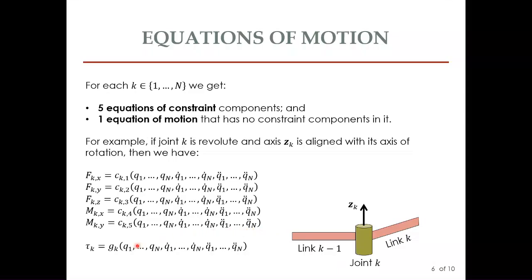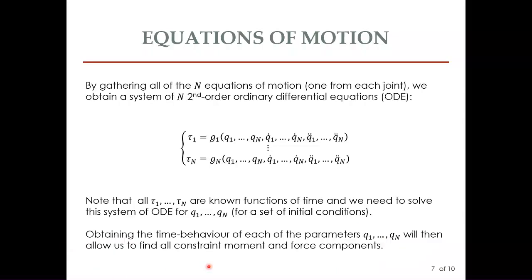So you go collecting this kind of special equation, the equation of motion, for every joint, and you get n such equations. Okay, so tau 1 until tau n equals some expressions of your q1 until qn and their time derivatives. Okay. So this is what's written here, essentially.